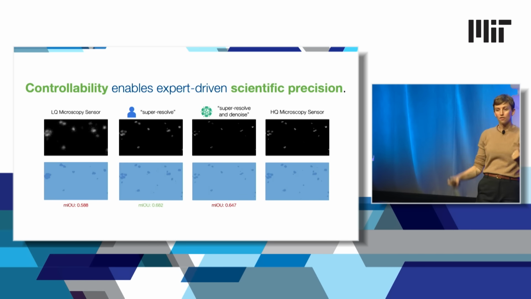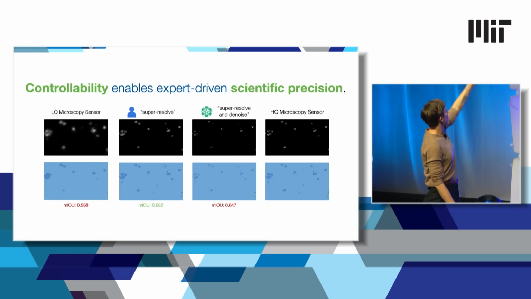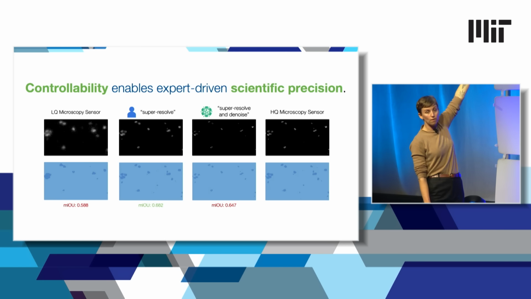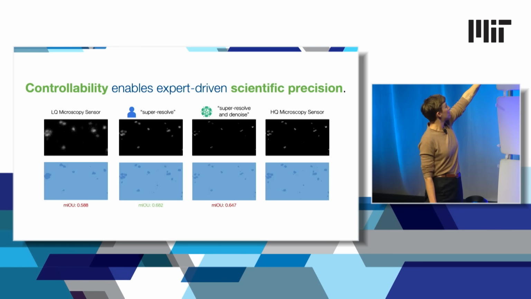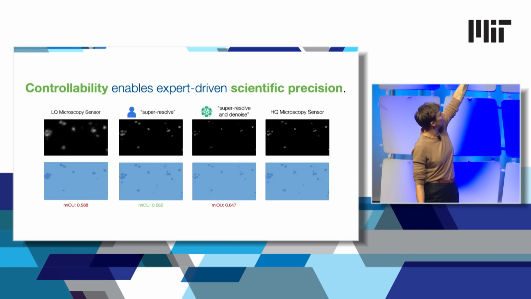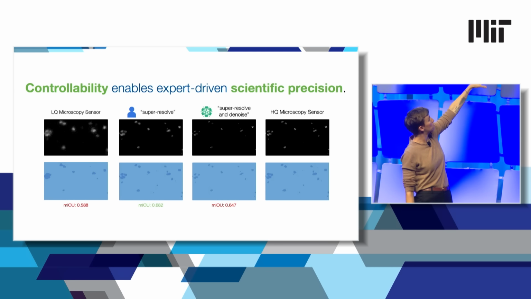You can see this for other types of modalities too. Here we're looking at microscopy, and if you're trying to segment out objects, and you just do it on this low resolution sensor, you miss some stuff. You can do super resolution, and just by super resolving, now you have some additional objects. If you try to super resolve and denoise, you've removed those objects.